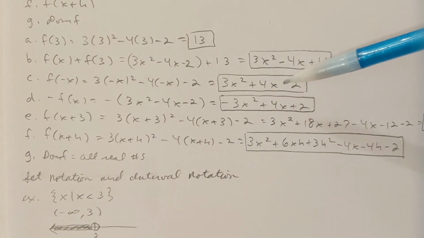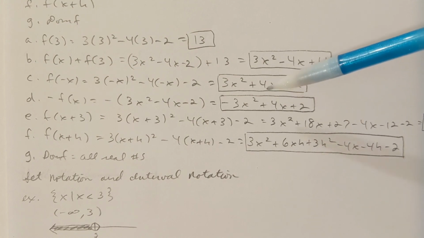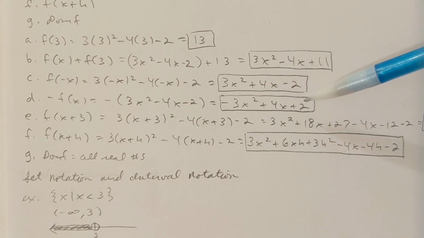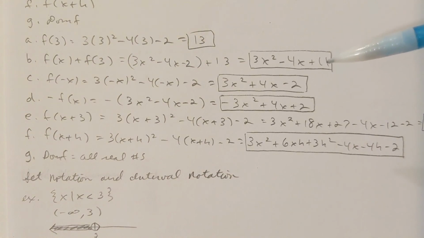Now notice how my answers for part D and part C are not the same. Sometimes they would be, but here they're not. And when they are, the function that I'm working with is called an odd function. We'll talk about what we mean by even functions and odd functions in another chapter. But here, note that I get 2 different expressions as my answer.